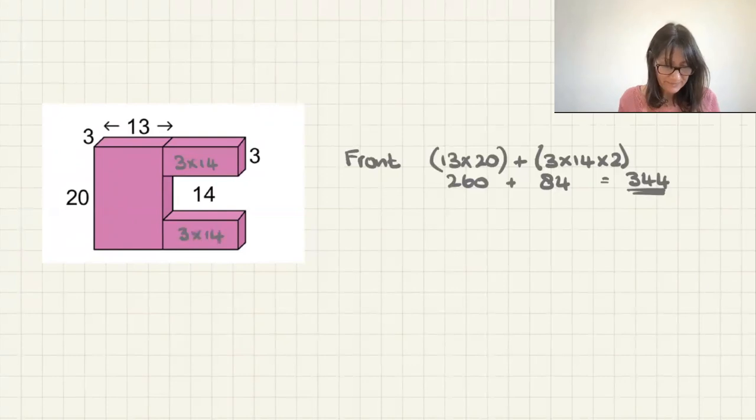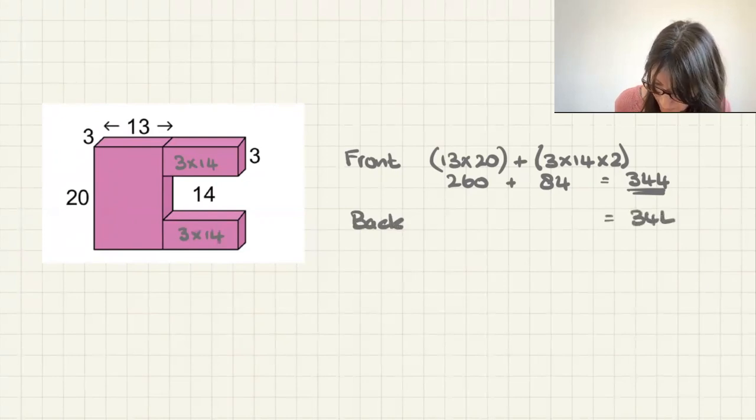That's the front. I obviously know that the back is going to be the same. So the back is going to give me another 344. I think I'm going to write it like that. Okay. That's the front done. The front and the back are sorted.